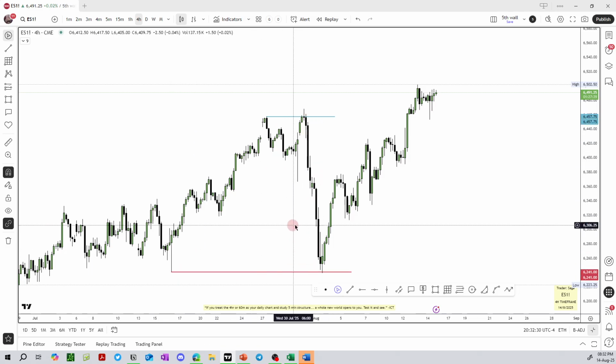You can do fair value gap to fair value gap, that's fine too, you're going to see that all the time, like on the higher time frame. This is a prime example: external range to external range, or swing high to swing low to swing high to swing low.